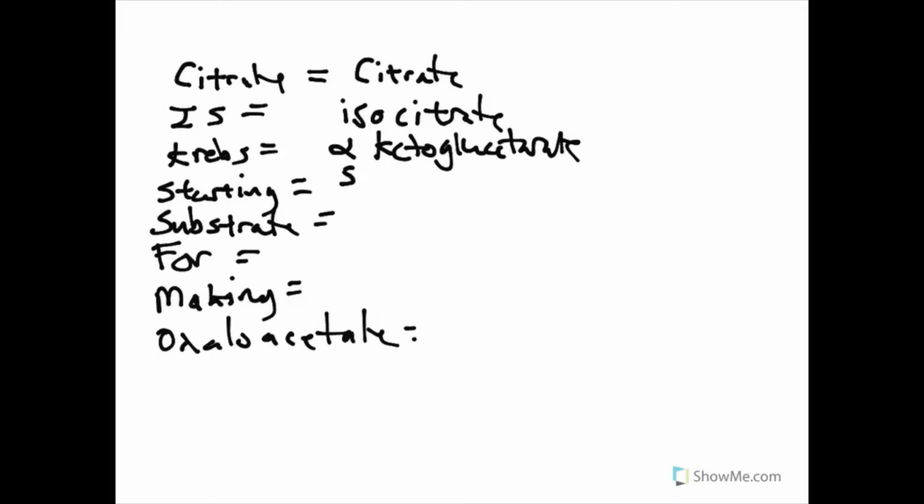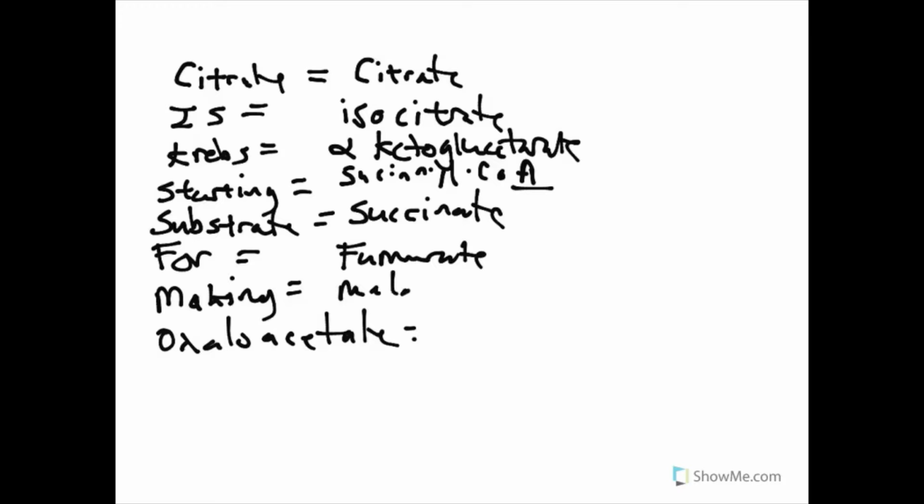A good way to remember this is A is the first letter in the alphabet. So we have succinyl CoA, if you remember that A is the first letter in the alphabet. And then we have succinate, fumarate, malate, and then oxaloacetate, which can make a lot of these easy to remember.